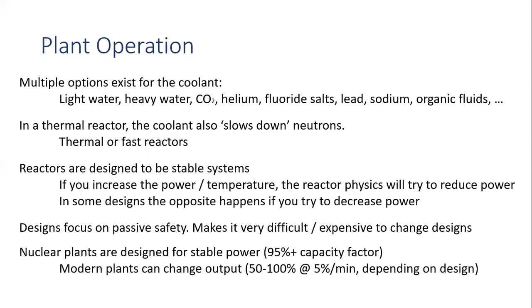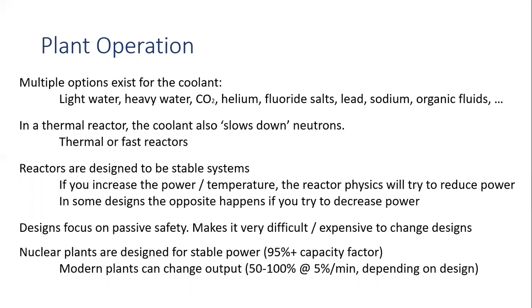Reactors are designed to be stable systems. Therefore, if we increase the power or the temperature, the reactor physically tries to reduce the power. In some designs the opposite happens. It is very difficult and expensive to change the designs.